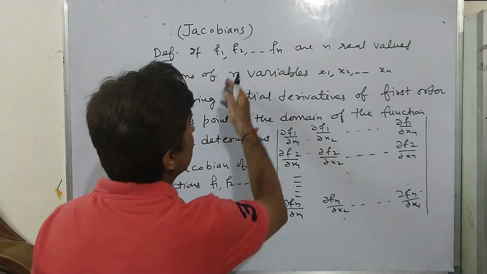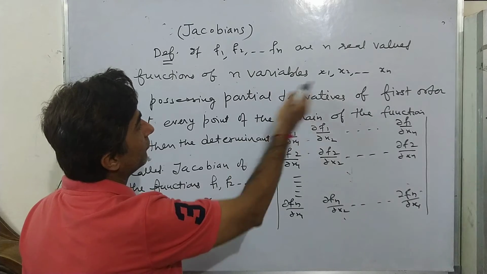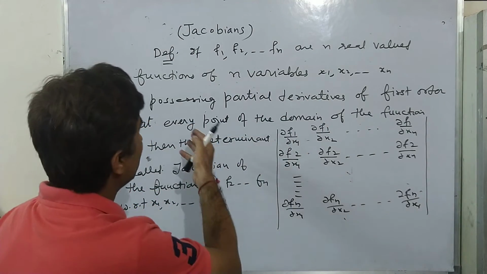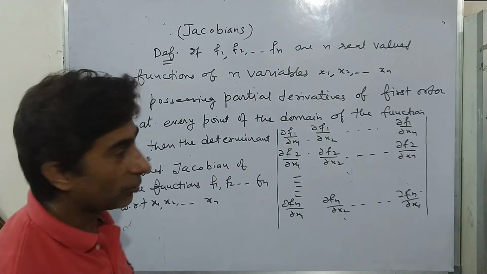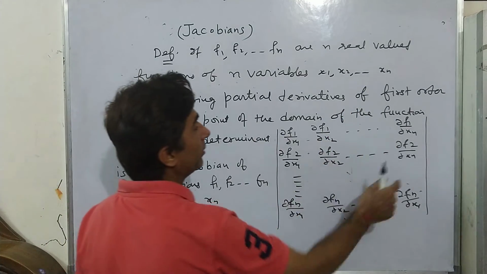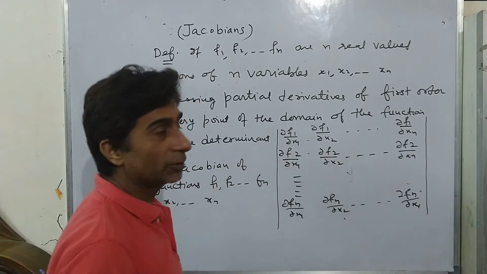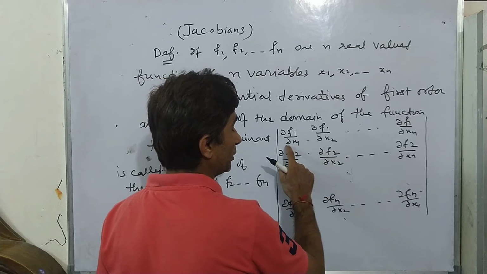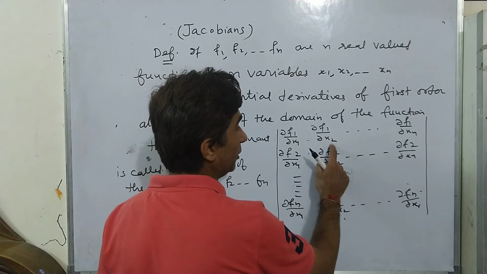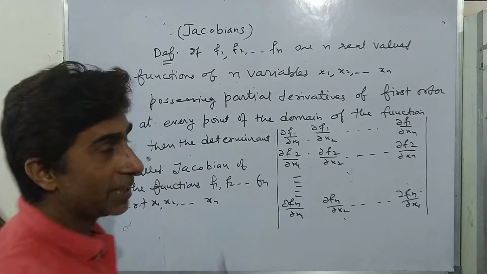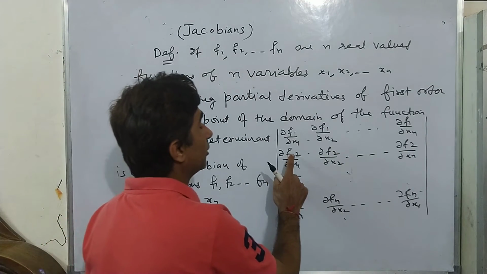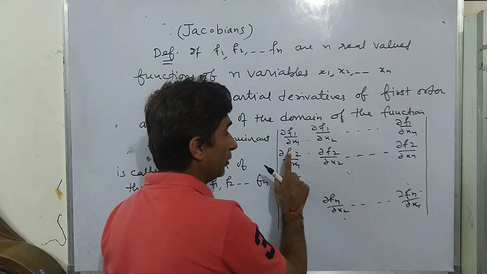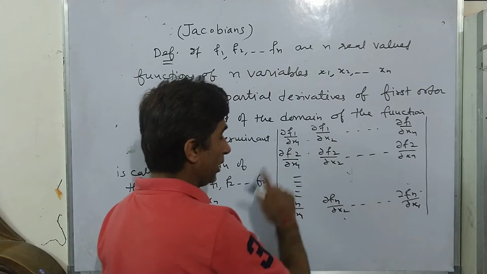So if these are functions of n variables, then they possess the partial derivatives of first order. Then in the determinant, the first row is the partial derivatives of function f1 with respect to x1, x2, ..., xn. Similarly, the second row will be the partial derivatives of f2, and so on.